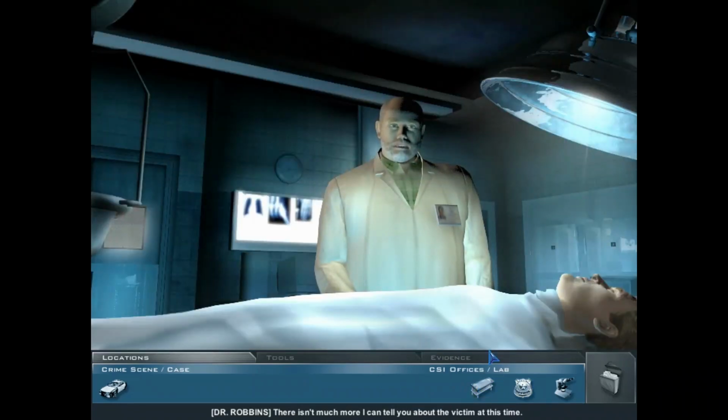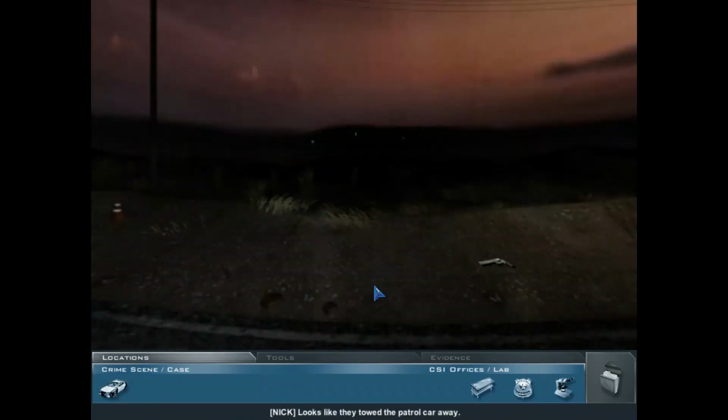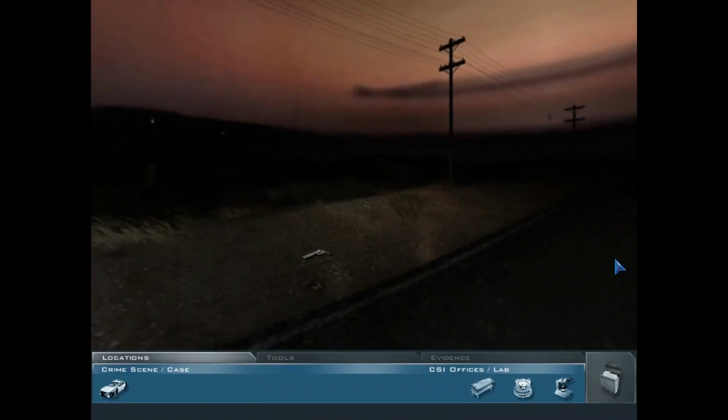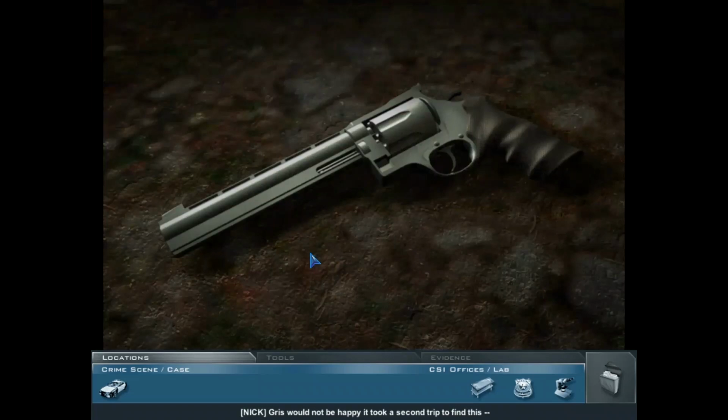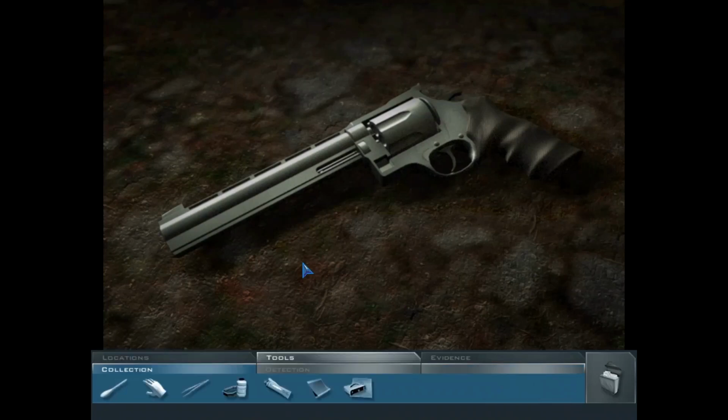There isn't much more I can tell you about the victim at this time. Looks like they towed the patrol car away. Chris would not be happy it took a second trip to find this. 44 mag, gunpowder in the barrel. Could be 70s vintage. Serial numbers filed off. The magazine's short 3 rounds, one in the chamber. Safe bet it was fired recently.